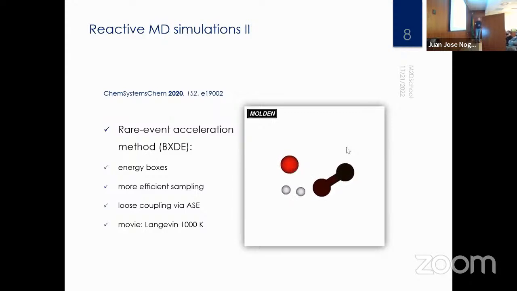This is another example of one trajectory run with DXDE. You see that things go more slowly, and then you can see some oscillations sometimes. This is when the system is colliding with the boundaries of a given window.